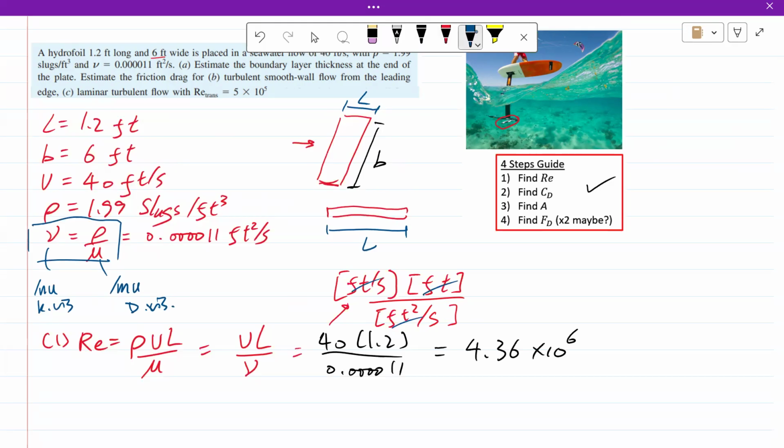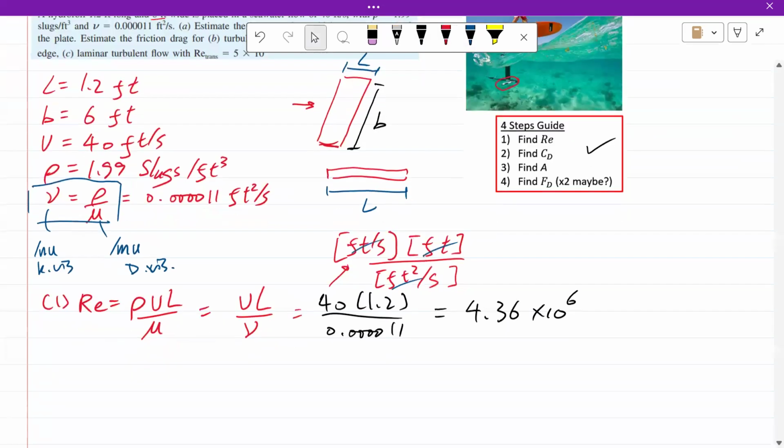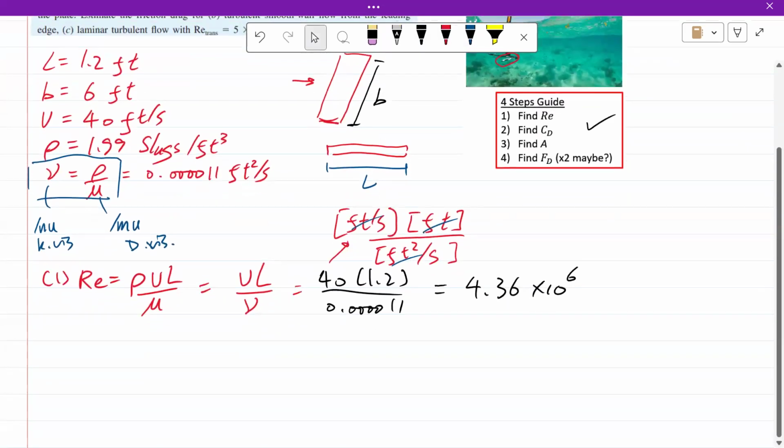Everything cancels out, so that's a good way to check that we have used the right viscosity. So the Reynolds number is 4.36 times 10 to the 6. That's bigger than 10 to the 6, so we're going to say it is turbulent.